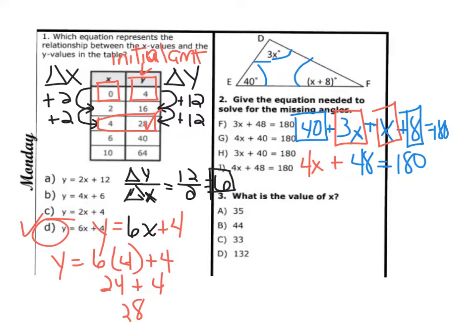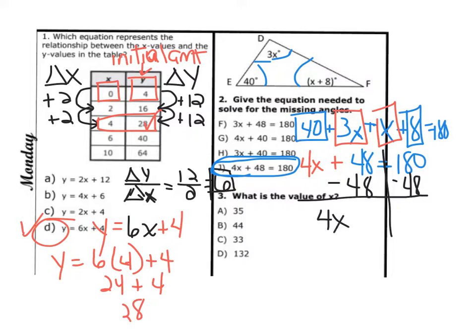So now what we're going to do, we're going to go ahead and solve for x because we already know the equation. So that's going to be subtract 48 because you're undoing the addition. So now we're left with 4x because 48 minus 48 is 0. Then 180 minus 48 is 132.